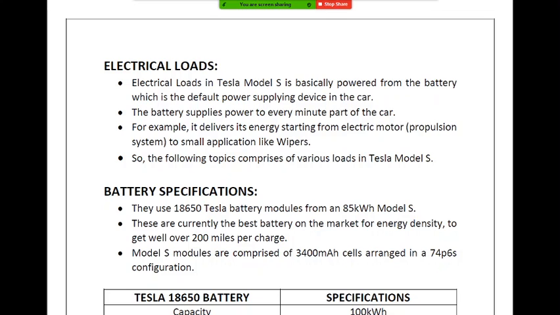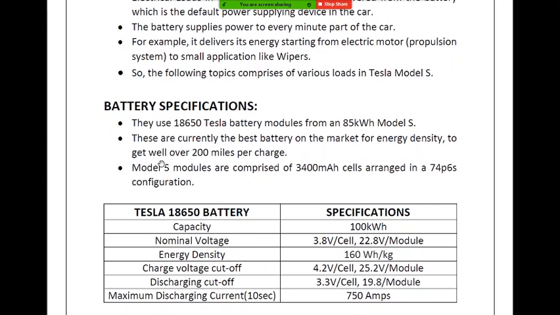Let me discuss some specifications about the battery. Tesla uses a Panasonic battery of 18650 model, and it has 85 kilowatt hour capacity.